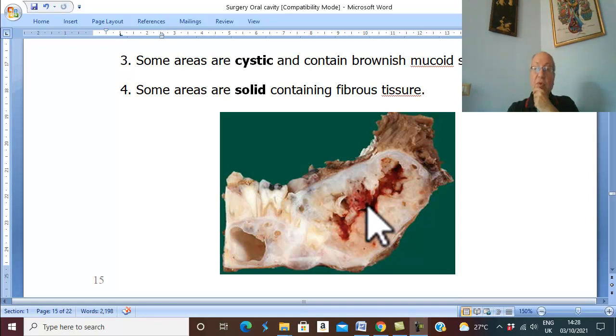It is a well encapsulated tumor. Fibrous tissue trabeculae divide the tumor into equal small compartments.